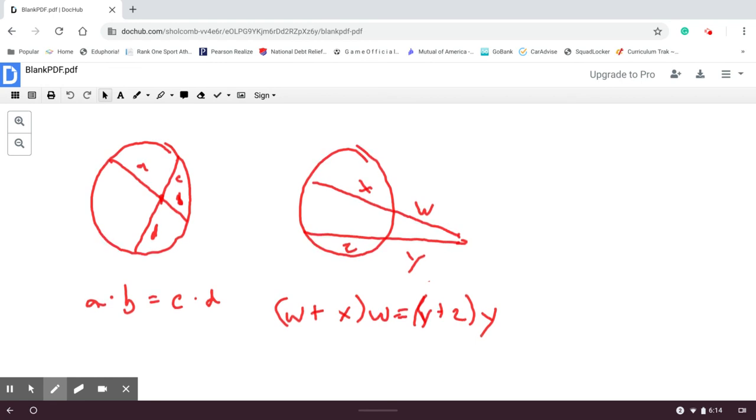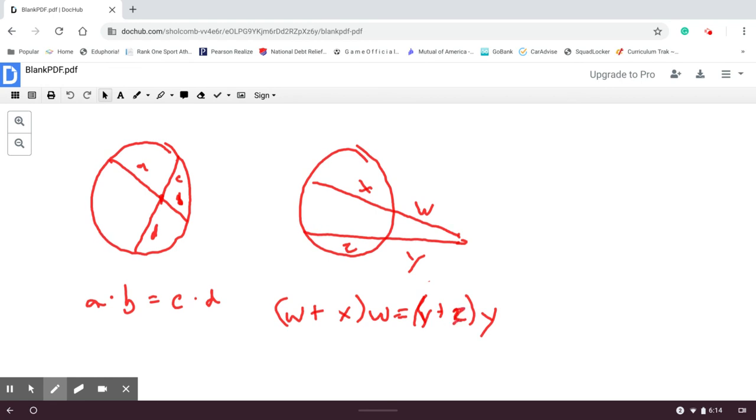Basically, it's a ratio that's established. It's a slightly different ratio because you've got W and Y outside the circle. So you have to multiply both by W and Y.